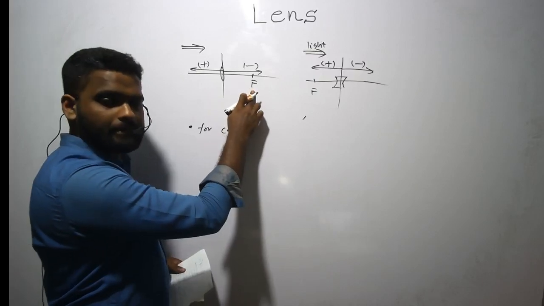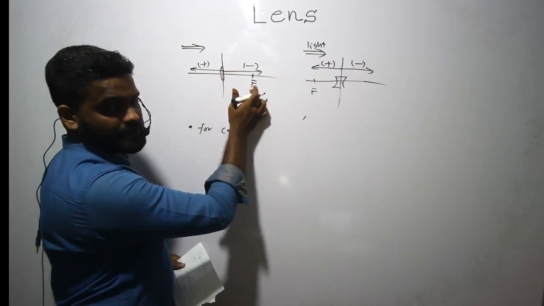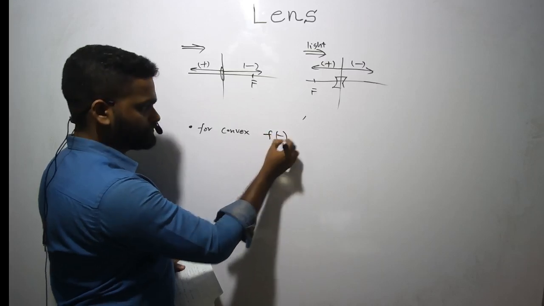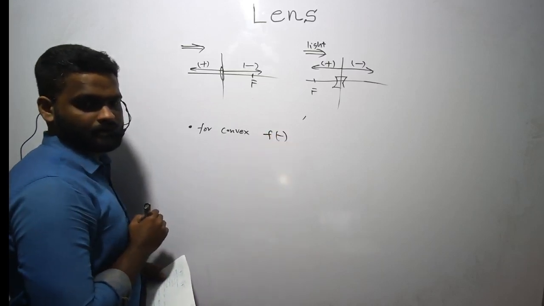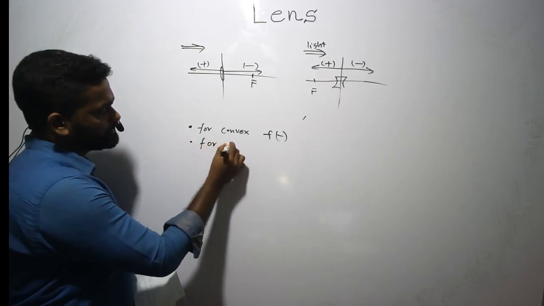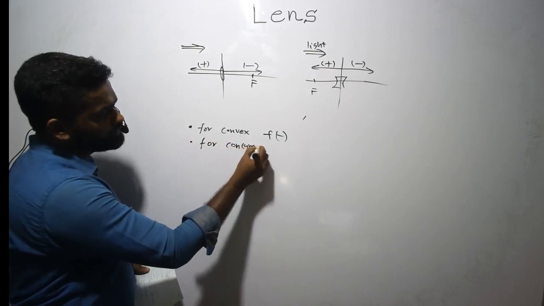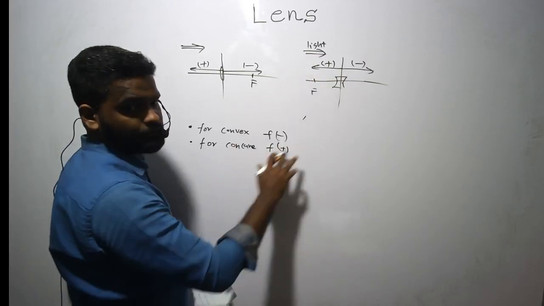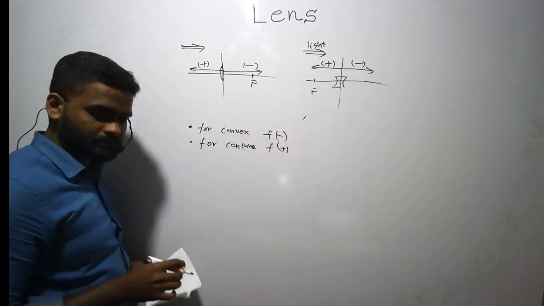We consider the primary focus, so it is to this side. So F is negative. Okay, take it down. Then for concave, F is positive, right? To this direction, F is positive. Focal length.